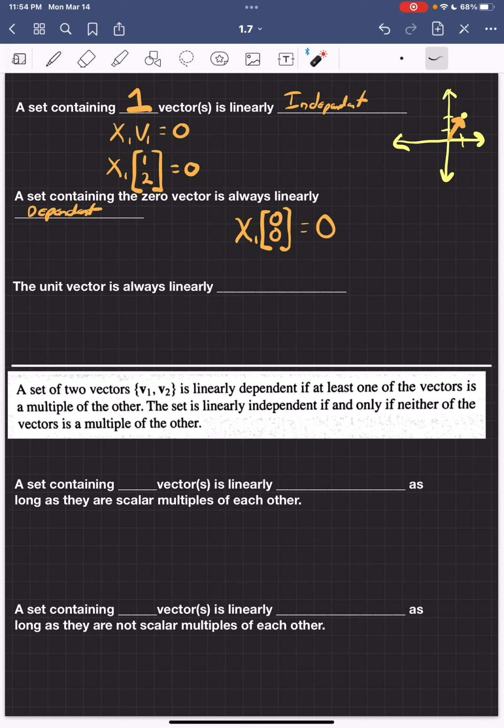Now, unit vectors are always linearly, well, let's make sure we understand a unit vector. A unit vector means that its magnitude is 1, just like the unit circle has a radius of 1. So this is a unit vector. Unit vectors are always linearly independent.